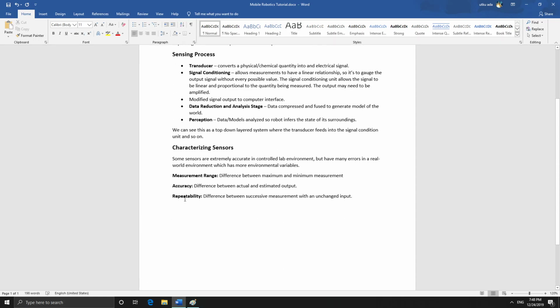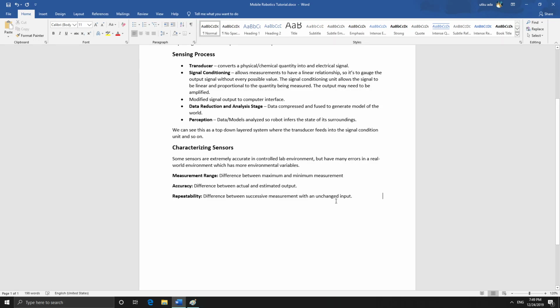I think accuracy and precision comes on a bit later, but basically repeatability, as the name suggests, is how repeatable the results of the sensor are. So if, let's say for an input of 5, we get 10 and then 20 and then 30, then it's not very repeatable.